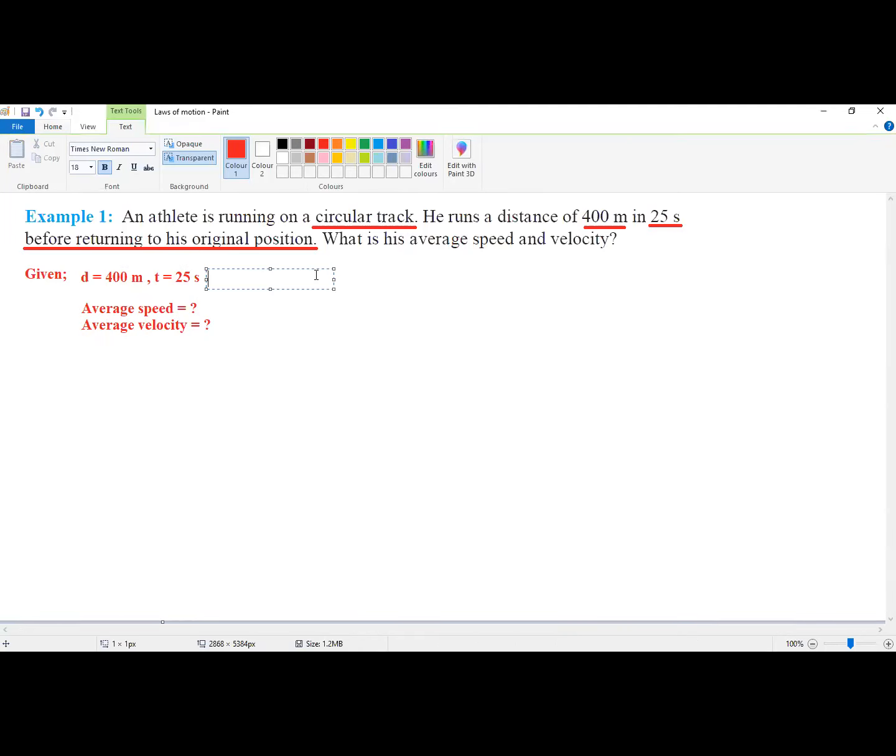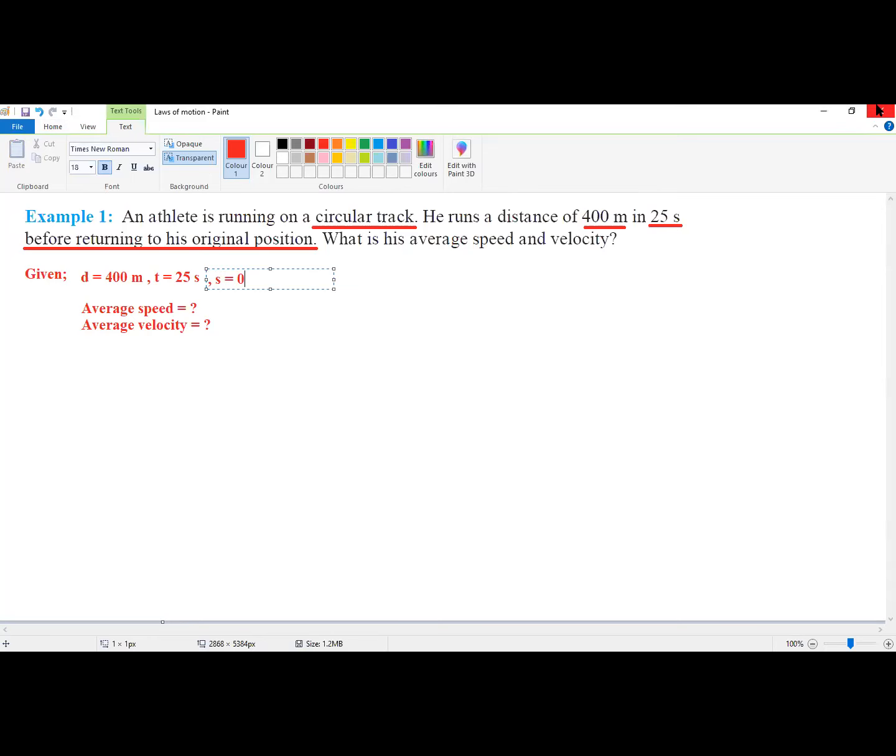We'll write total displacement S should be equal to 0, as the athlete is returning to his original position. So as per the standard definition of speed, speed is equal to distance covered per unit time.